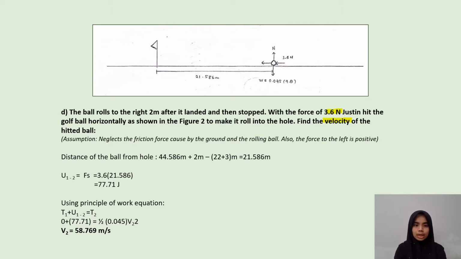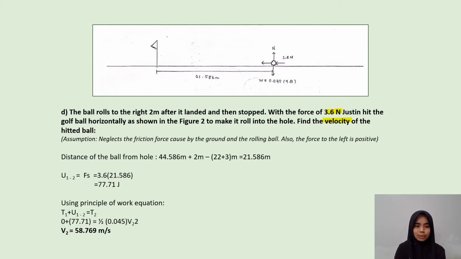Then we substitute in the formula U1-2, which is distance multiplied with the force, 3.6 multiplied with 21.586, and we get the result 77.71 joule.